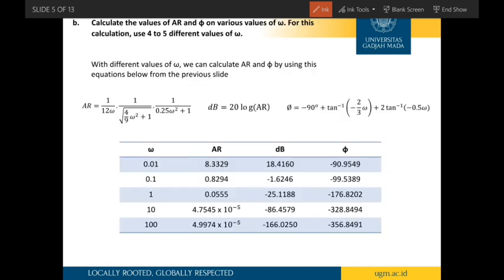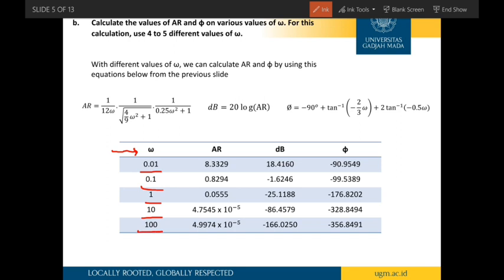And for B, calculate the values of amplitude ratio and phase at various values of omega. For this calculation, use 4 to 5 different values of omega. First, we pick our values of omega: 0.01, 0.1, 1, 10, and 100.